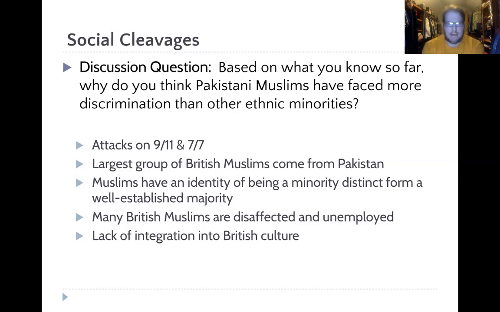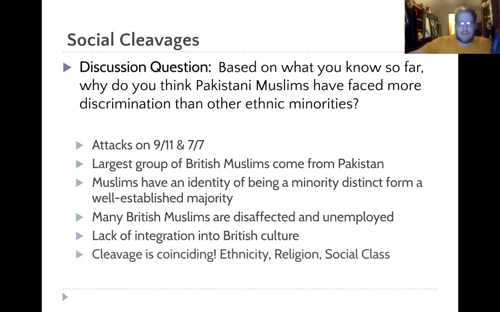Elements like that have made them an easier target for British citizens, because of the desire to embrace their cultural heritage or, in several instances, to distance themselves.